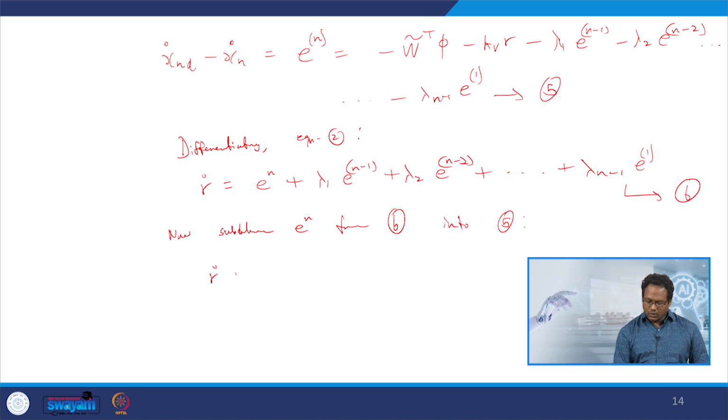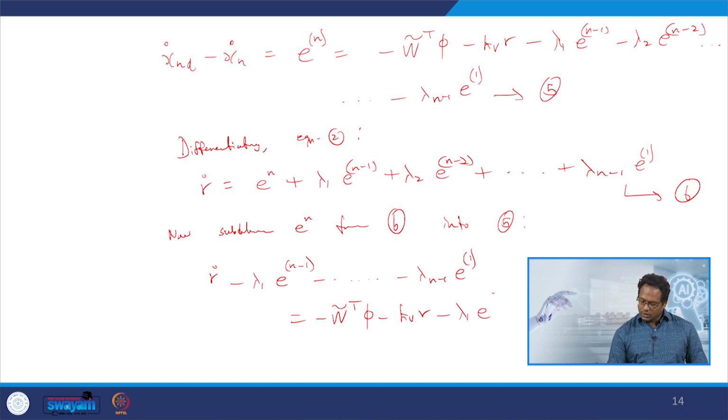That yields r dot minus lambda 1 multiplied by the n minus 1th derivative of e, minus lambda n minus 1 first derivative of e, which is equal to minus w tilde transpose phi minus kv into r minus lambda 1 n minus 1th derivative of e minus lambda 2 n minus 2 derivative of error e minus, it continues, minus lambda n minus 1 first derivative of e.